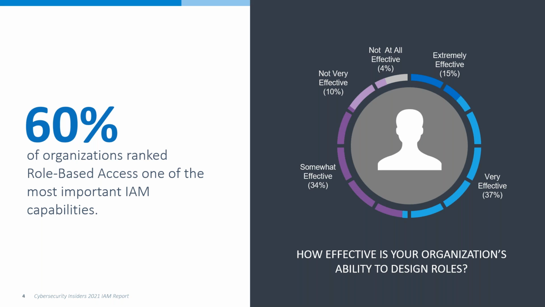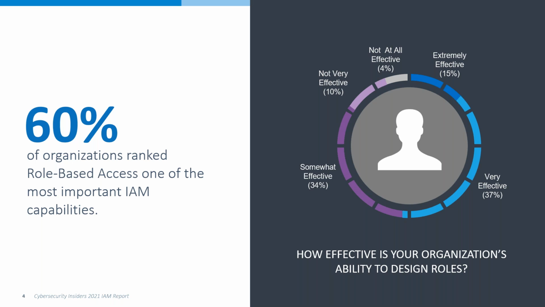According to Cybersecurity Insider's 2021 IAM report, 60% of organizations considered role-based access a top priority for identity and access management. But out of all of those respondents, only 48% were not very confident in their ability to design roles.